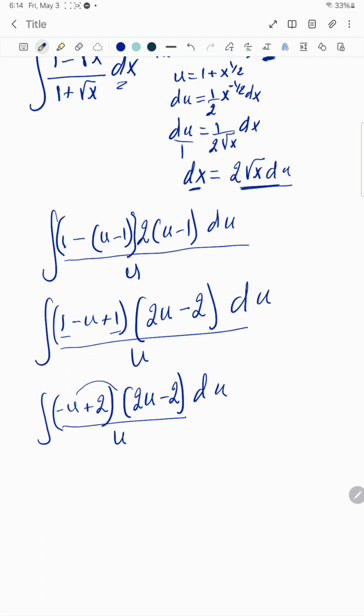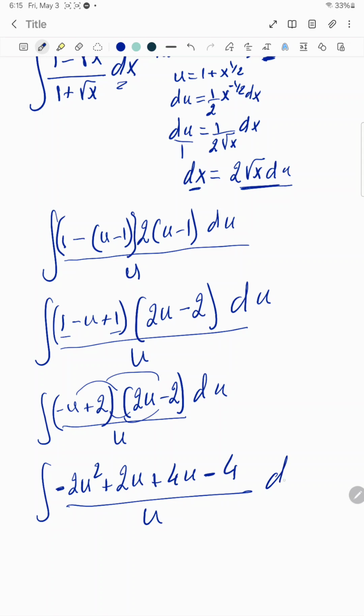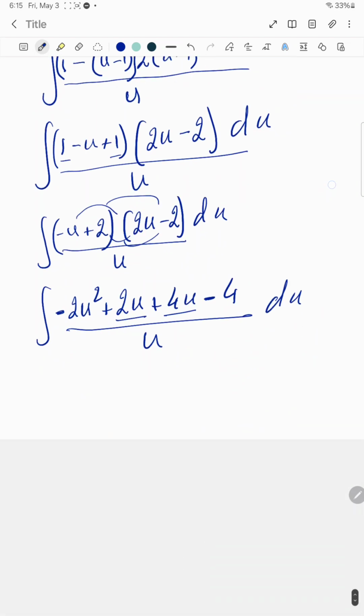And then let's elaborate the multiplication here. Minus times plus is minus 2u square, minus times minus is plus 2u, plus times plus is plus 4u, and plus times minus is minus 4, divided by u du. And here I have 2u plus 4u is 6u.